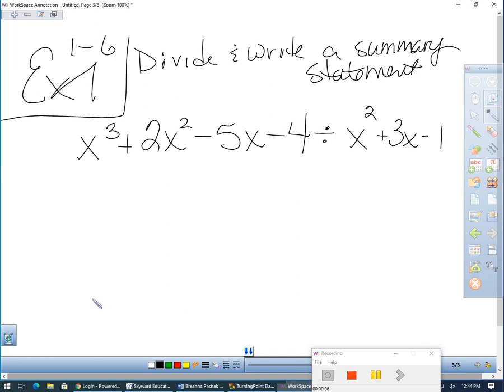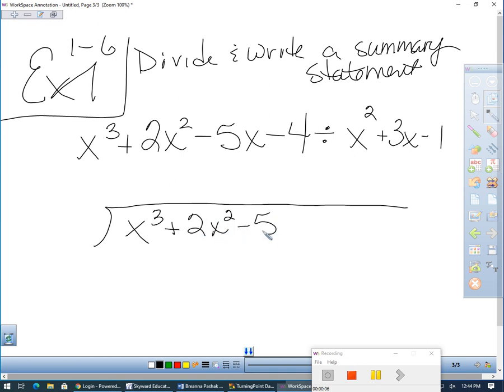That looks like fun, huh? All right, so again, what's listed first goes underneath the house, so to speak. X to the third plus 2x squared minus 5x minus 4. On the outside, I'm going to put this x squared plus 3x minus 1. All right, what times x squared is going to give me x to the third?